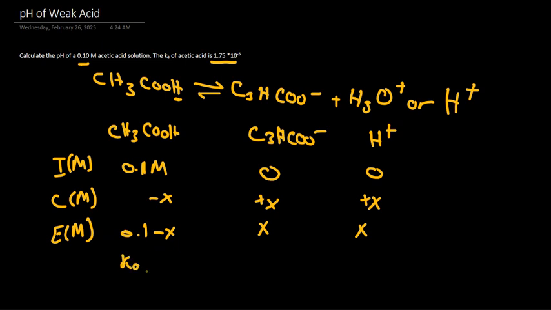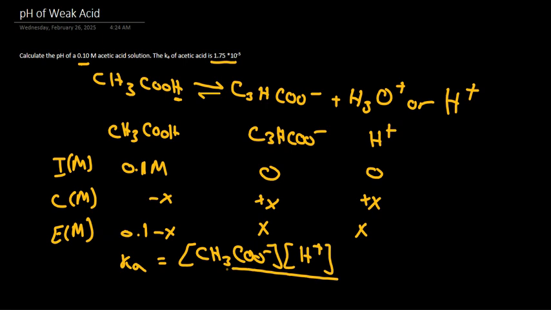The simple equation: Ka equals the concentration of the products, CH3COO minus times your hydronium ion concentration, divided by the concentration of the reactant, CH3COOH.